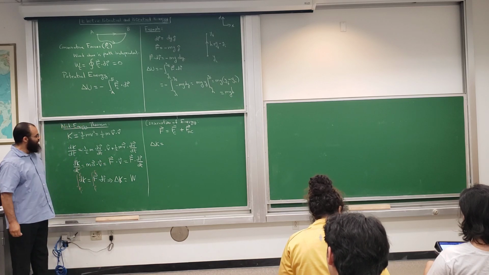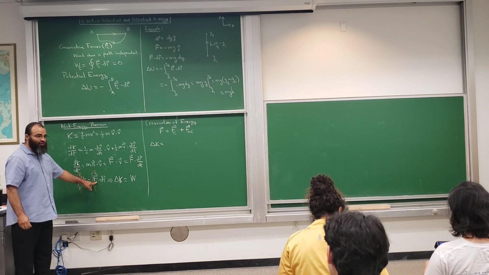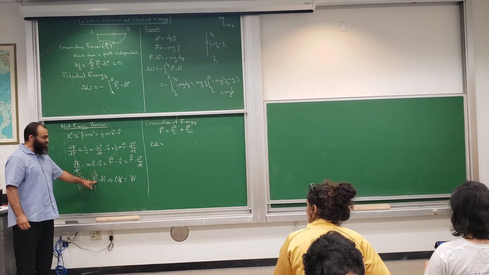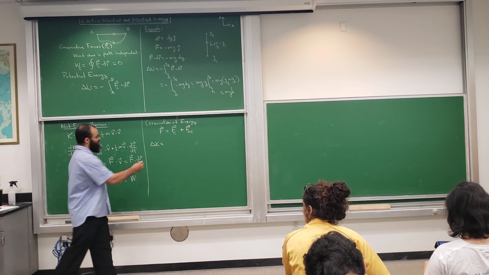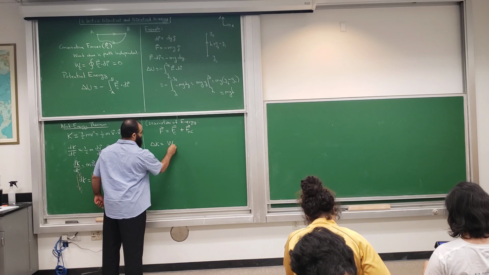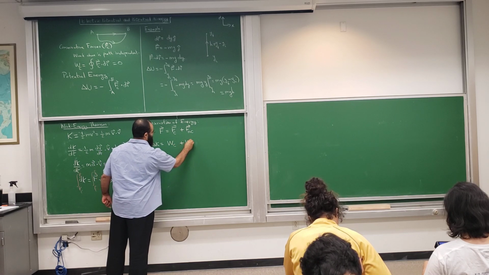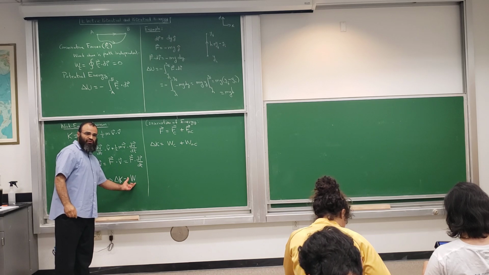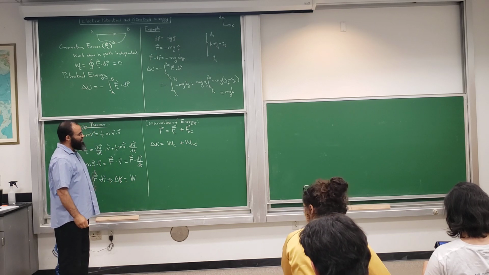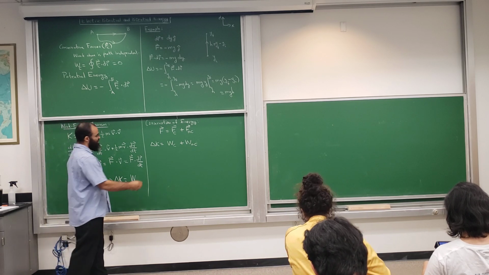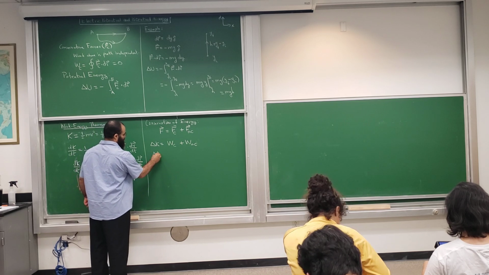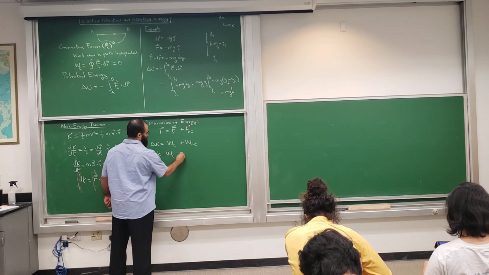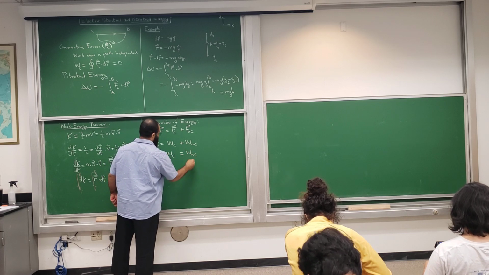This integral here will become two integrals, so it'll have the work done by conservative forces plus the work done by the non-conservative forces. So I have delta K minus Wc, conservative work, is equal to Wnc.